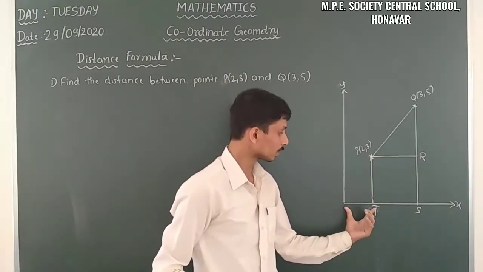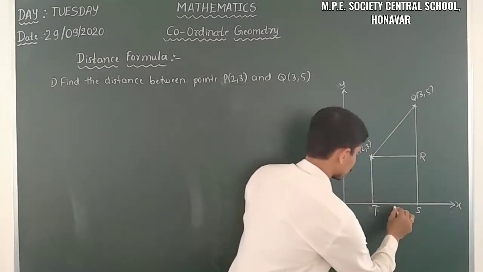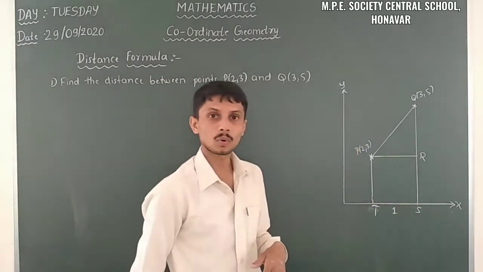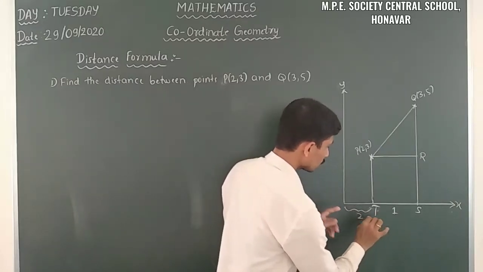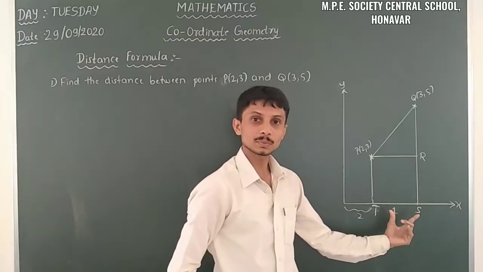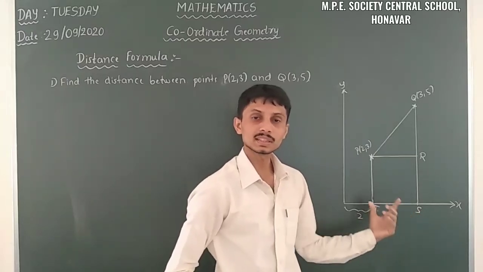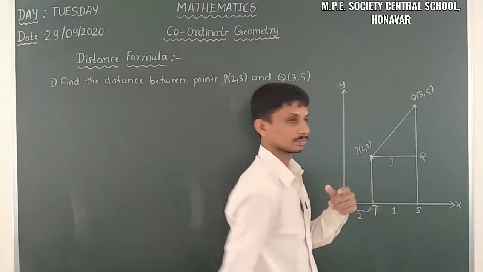So 2 is covered, which means this distance is 1. Up to here we have 2, and up to this means 3. So what is the distance between these two? PS is 1. When PS is 1, PR is also 1 here.